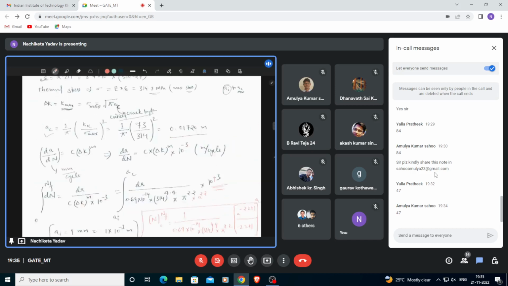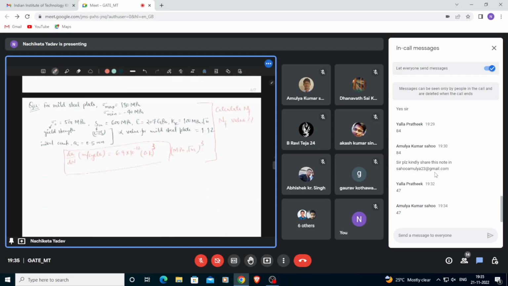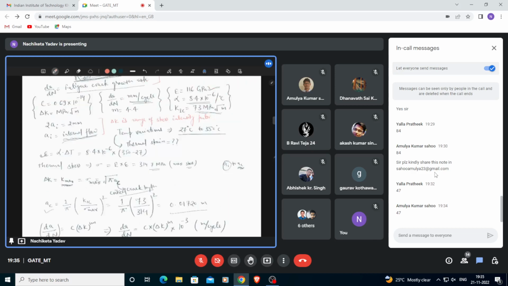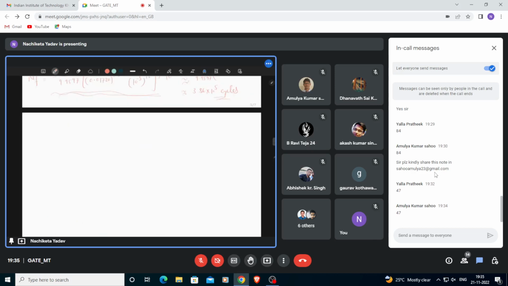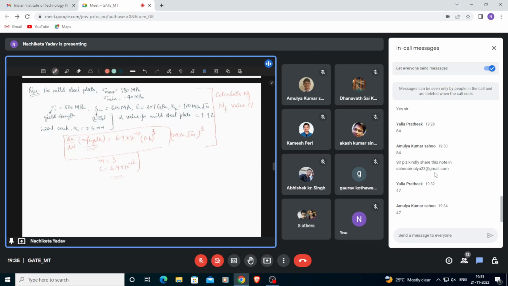In the earlier case it was 4.4, and here it is 3, and the C value is given also, 6.9 into 10 to the power of minus 12. Already it is given in meter per cycle, so you do not have to multiply by 10 to the power of minus 3. So can you solve this one? Please try this one.